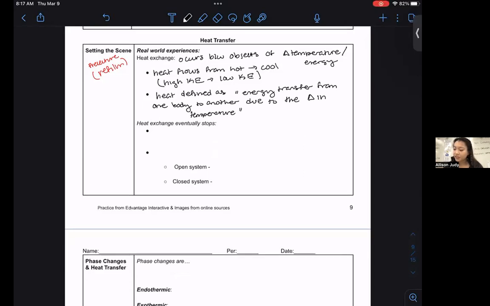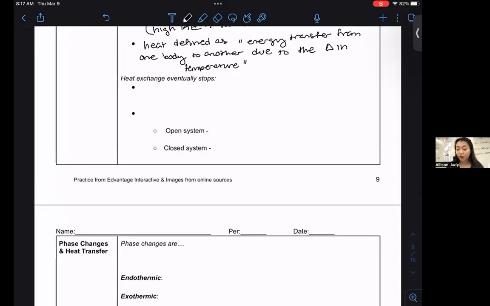So heat exchange doesn't continue on forever between objects at different temperatures. We know from real world experience that it eventually stops. And we call this stopping point thermal equilibrium.